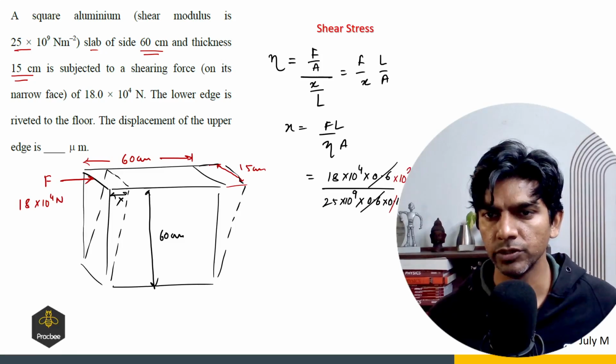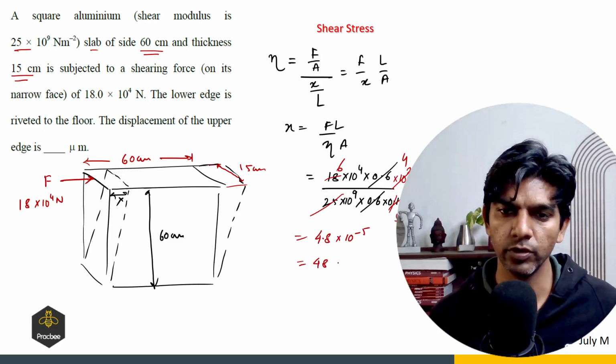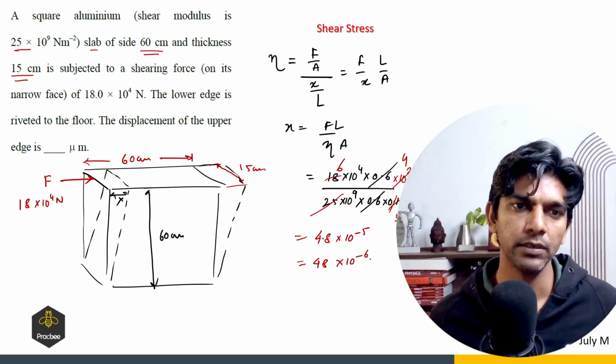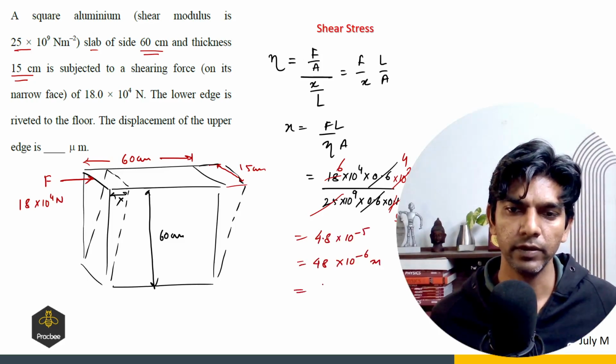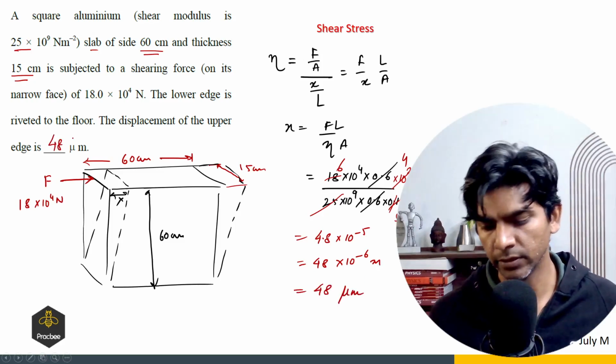So this will become 10 raised to 2. So this will give us 4, and this will be 5, and this will be 6. So we are getting 4.8 into 10 raised to minus 5, or we can write this as 48 into 10 raised to minus 6 meter. So that will be 48 micrometer. So the answer will be 48.